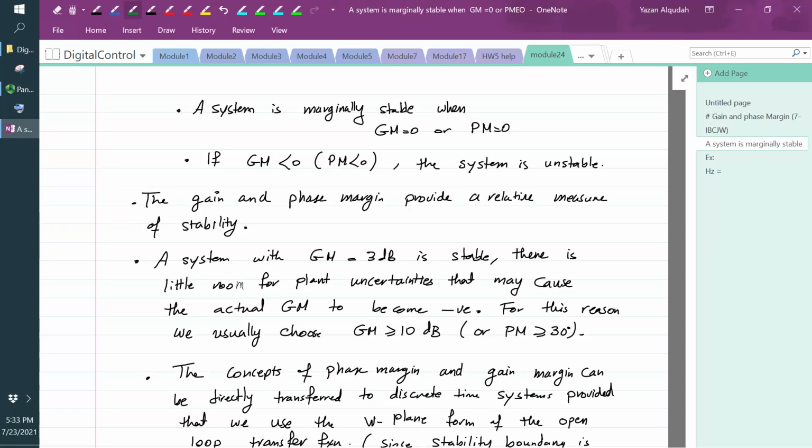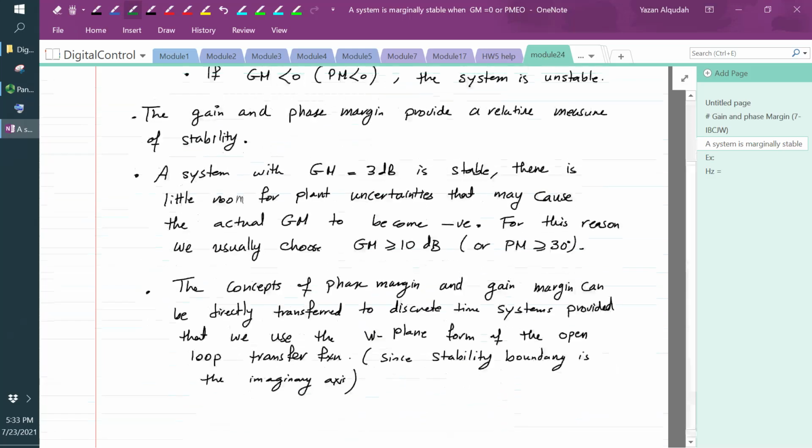And before we do that, okay, so we talked about the gain margin. If I have a small gain margin, in this note here I have a gain margin equal to 3 dB. What this means is the system is stable because the gain margin is positive.